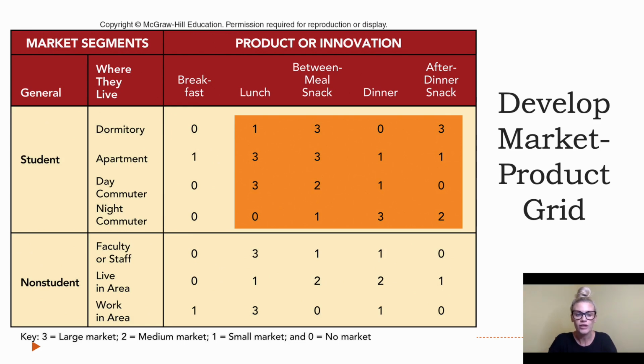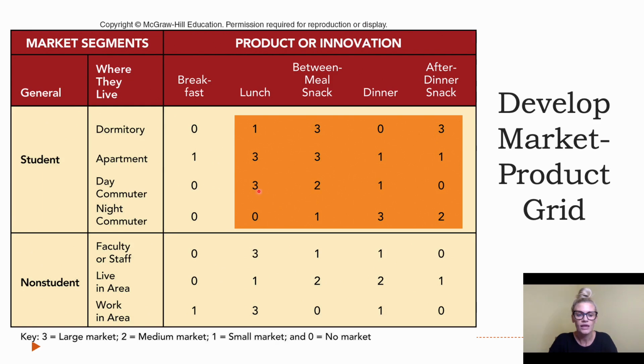And then through market research, they've gained information about the potential size of each of those markets, where you can see down at the bottom here that a 3 means that there's a large market, 2 is a medium market, 1 is a small market, and 0 is that there's no market. And then for each of these market segments and product segments, we go in and we put in the size of that potential segment.